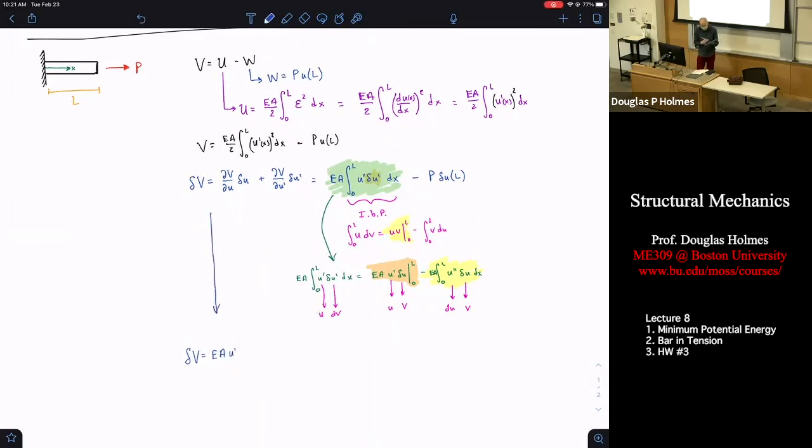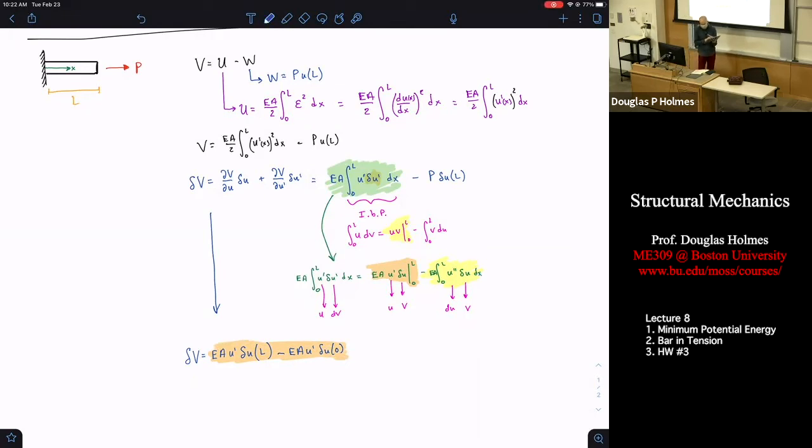EA u prime times delta u evaluated at L, minus EA u prime delta u evaluated at 0. So these two terms are from the orange term above. I'm just explicitly writing out that evaluation. It's going to be important, that's why I'm doing it.